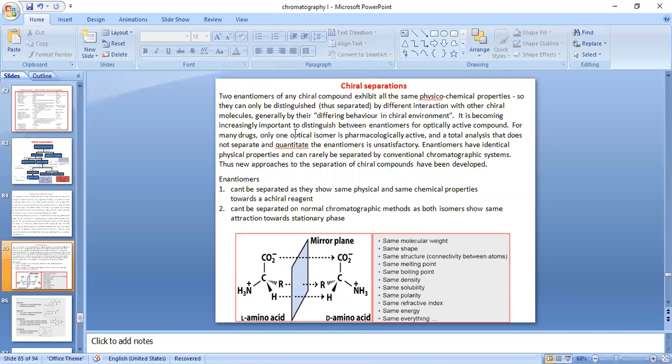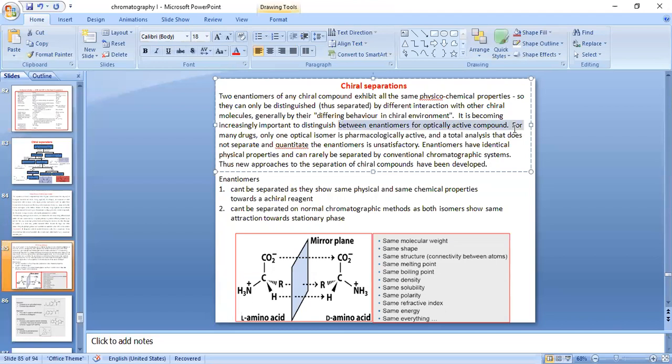So it becomes very important to distinguish between two enantiomers of an optically active compound. In many drugs, as I told you, one of the optical isomers is pharmacologically active, and the other may be pharmacologically inactive, or it may have adverse effects. So it is very important that we have a system in place that helps us separate these compounds.